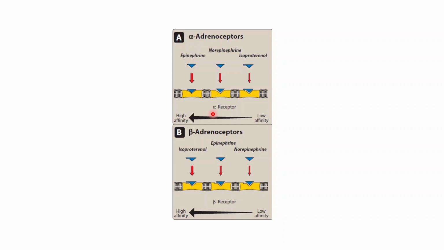There are two main classes of adrenergic receptors, alpha and beta, and these receptors bind differently to epinephrine, norepinephrine, and isoproterenol. Epinephrine has a higher affinity for the alpha receptors, while isoproterenol has a higher affinity for beta receptors.